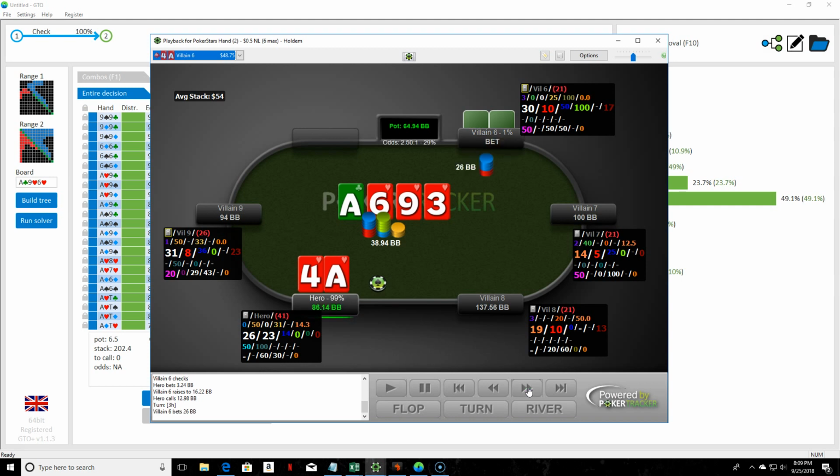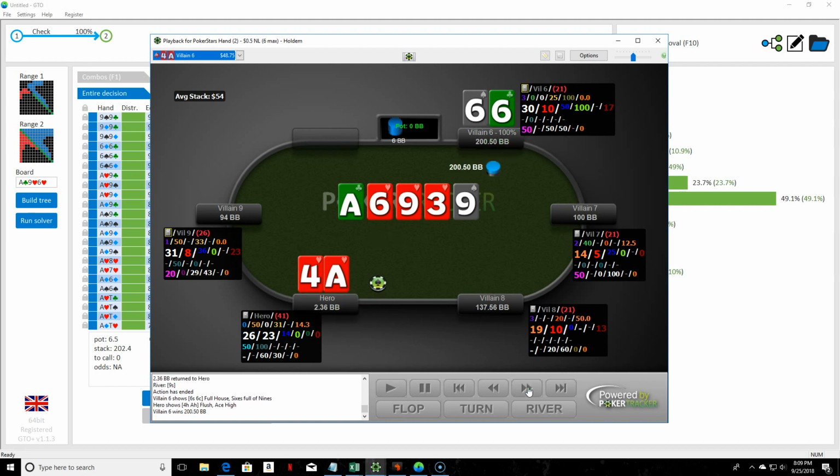Our opponent now bets into us about 3/4 pot. I take a little bit, and we decide to shove all in, and he calls. A 9 comes out, and it turns out that we end up losing to a full house on the river.